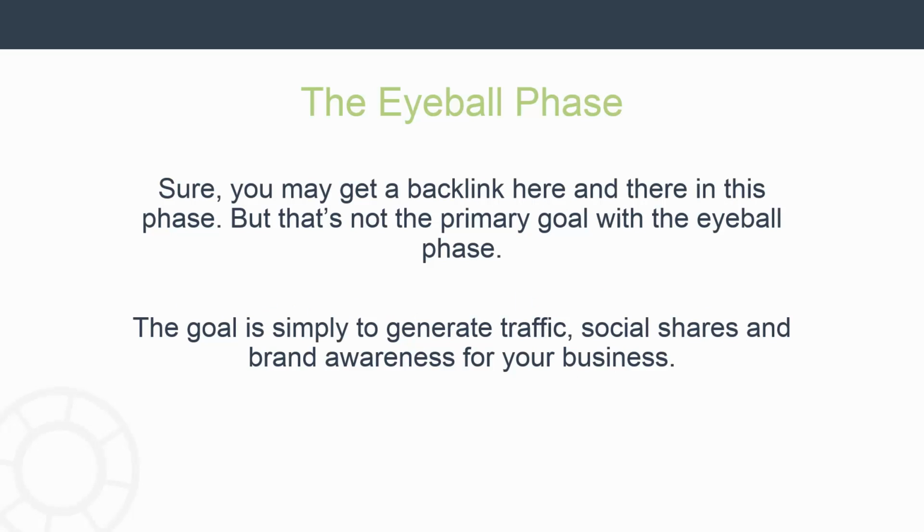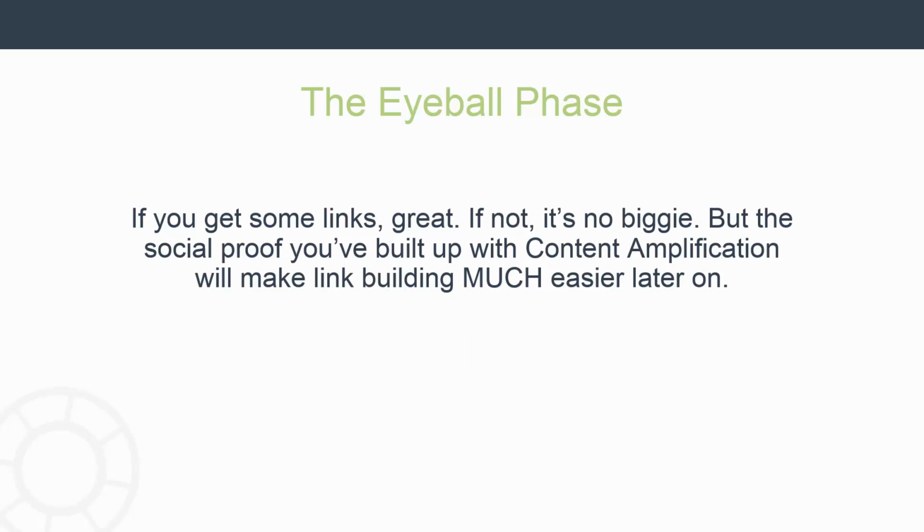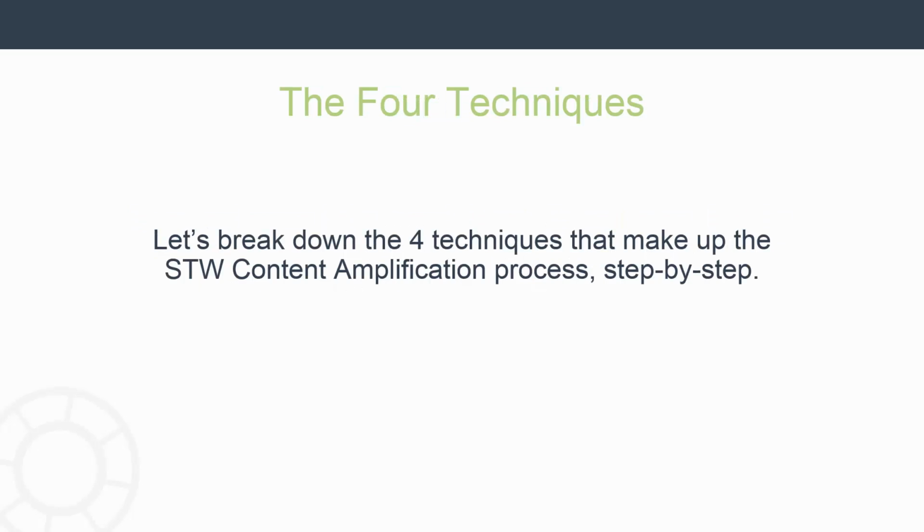Now, you might get a backlink here and there from this phase of content promotion, but that's not really the number one goal. The number one goal here is to generate traffic, social shares, buzz, brand awareness, and all that stuff for your content and for your business. And if you happen to get some backlinks, that's great. But if not, you don't really have to worry about that, because the social proof you build up with content amplification and with the eyeball phase will make link building much easier when you get to do that later on.